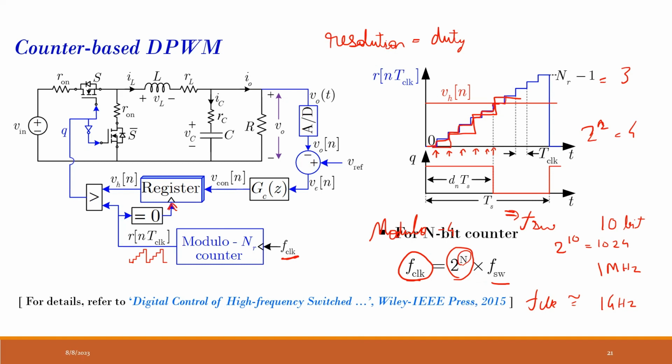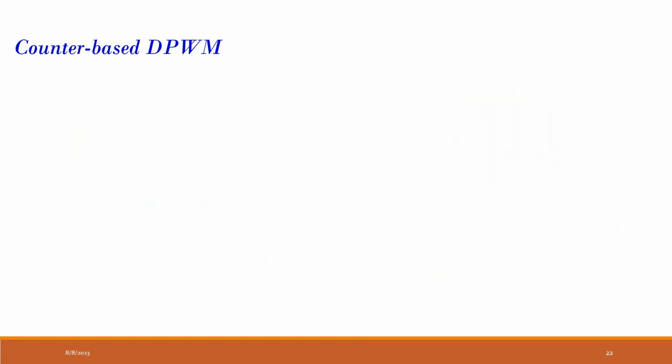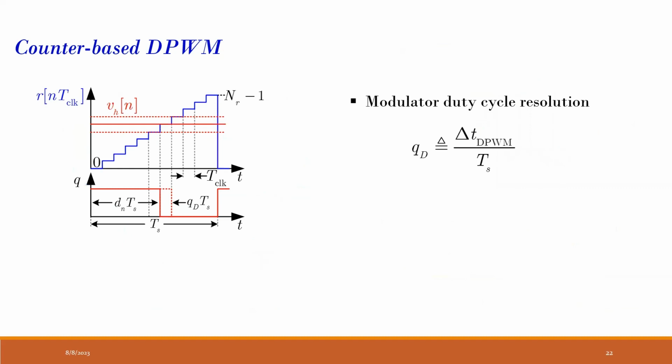For low frequency applications, it might be possible, but that also depends. Let's study this further. So if vcon of n was lower by one value, then the duty ratio which would have come would be of this duty ratio.